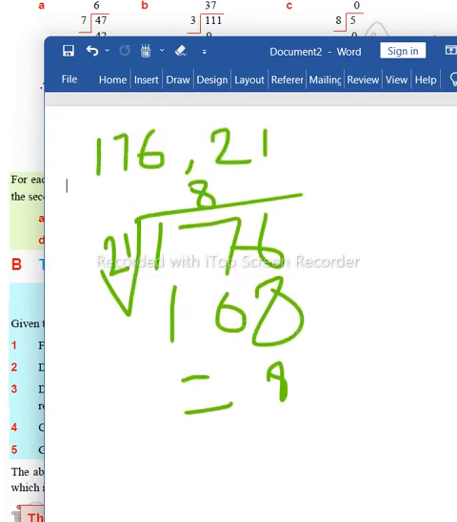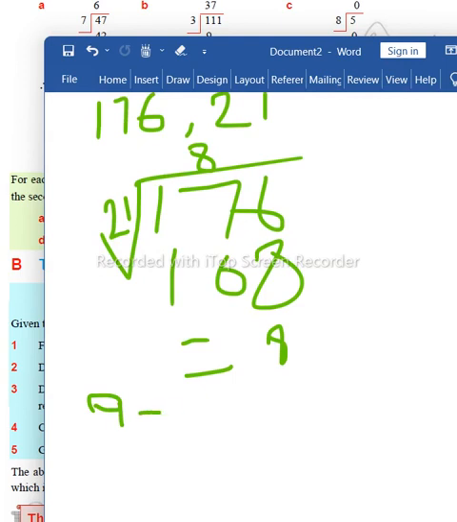We have that q is equal to 8 and r is equal to 8, the same.